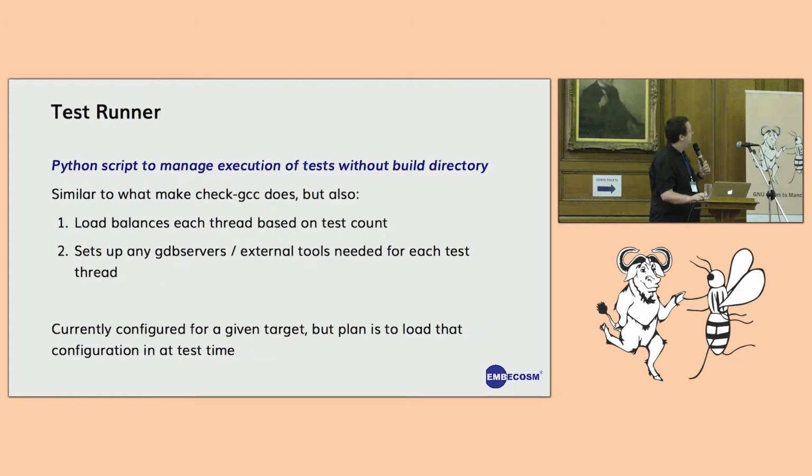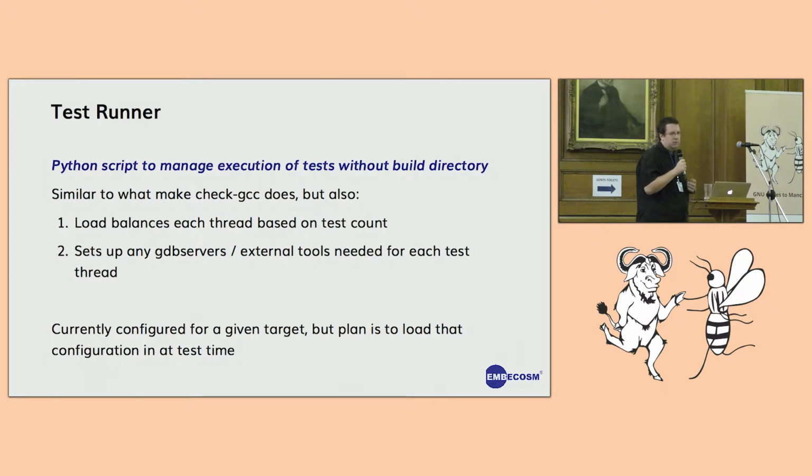The other half is a script to actually execute tests. Because if I'm building LLVM, I don't have a GCC build tree, so I can't run make check GCC. So as an alternative, we have a Python script which does the same sort of thing as make check GCC does, but also adds a set of extra hooks.